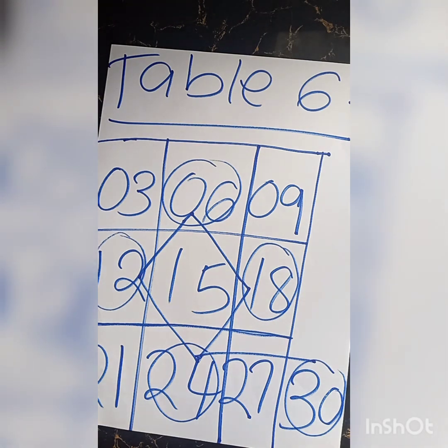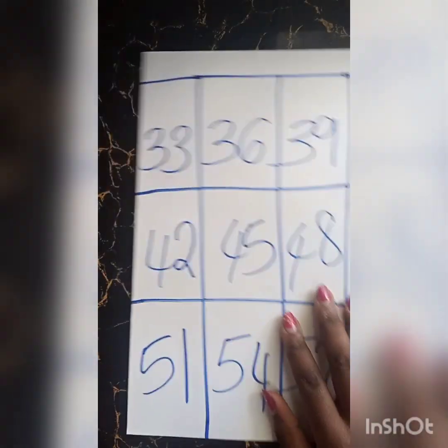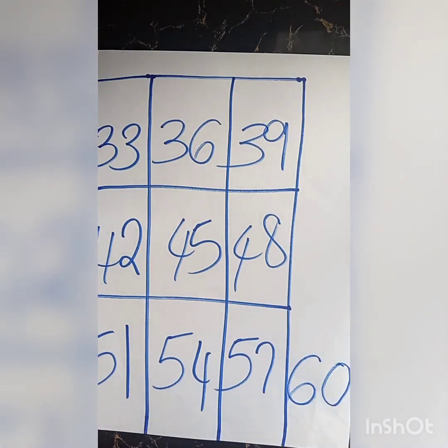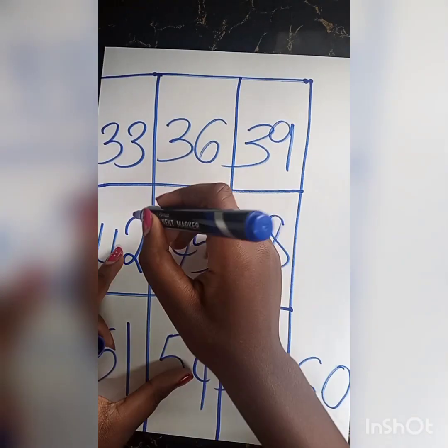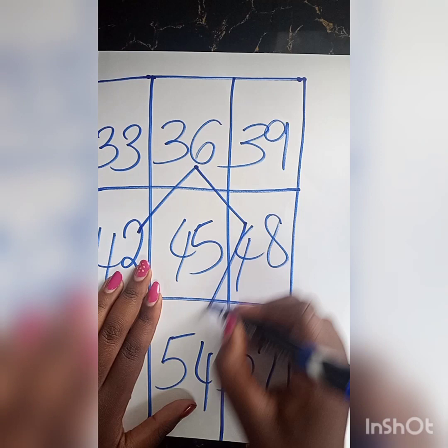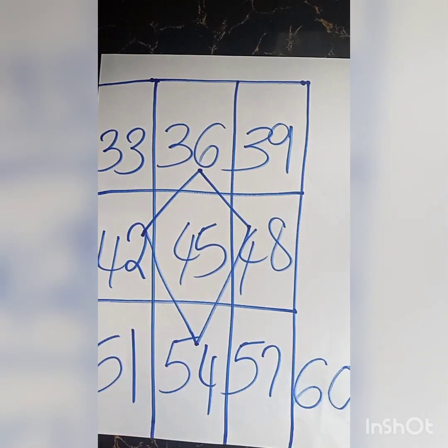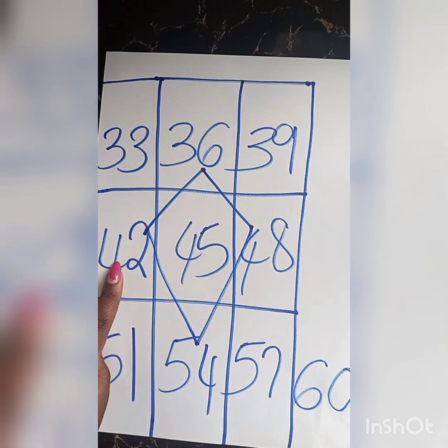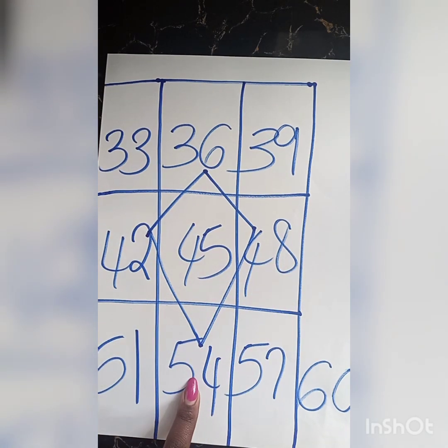So for the second table, we'll repeat the same procedure. You'll also draw a shape that looks like a diamond in the middle of the second table. When we do that, we'll realize that the edges of the diamond shape will touch 36, 42, 48, and 54.